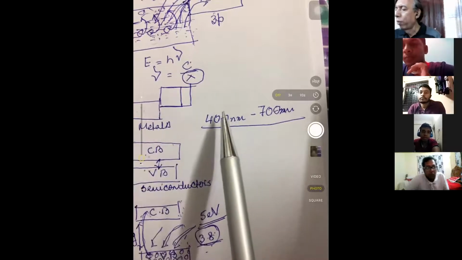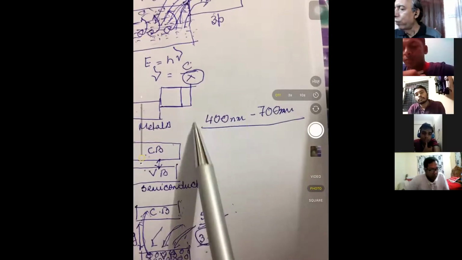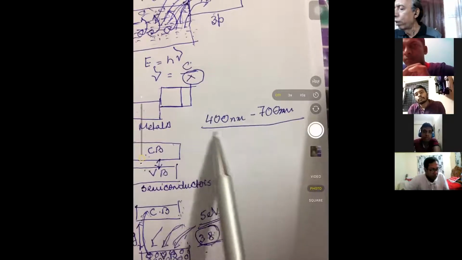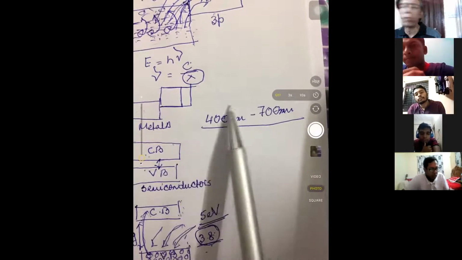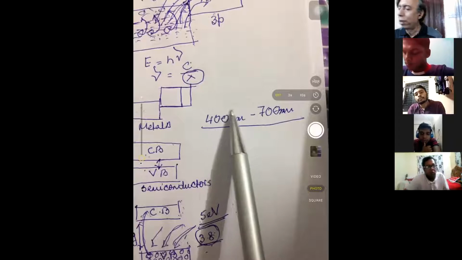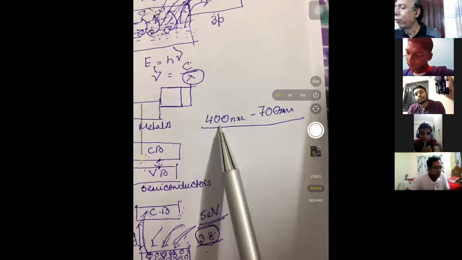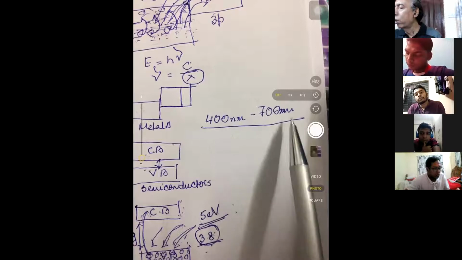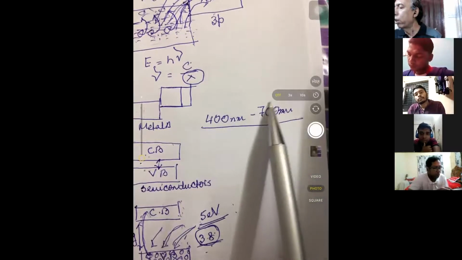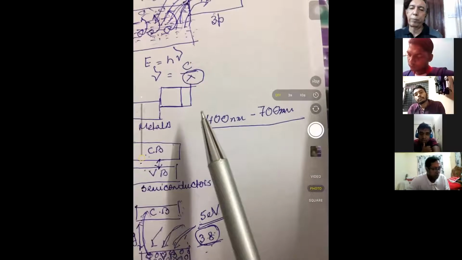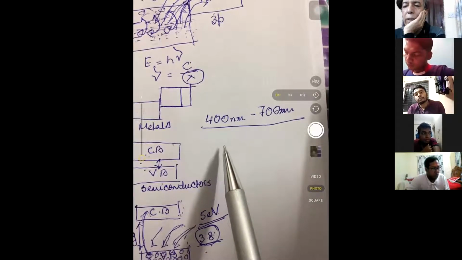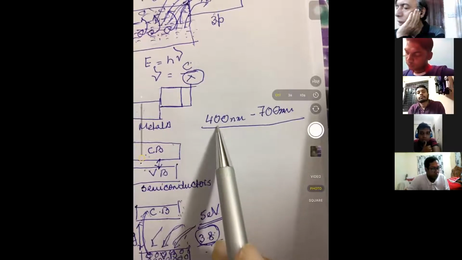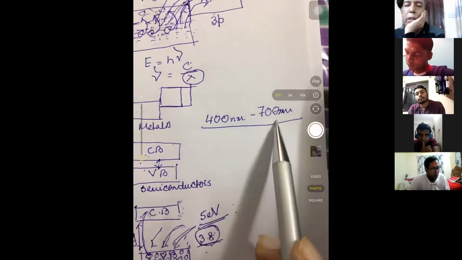So can you tell me, the 400 nanometer wavelength light or 700 nanometer wavelength light, which one will have greater energy?